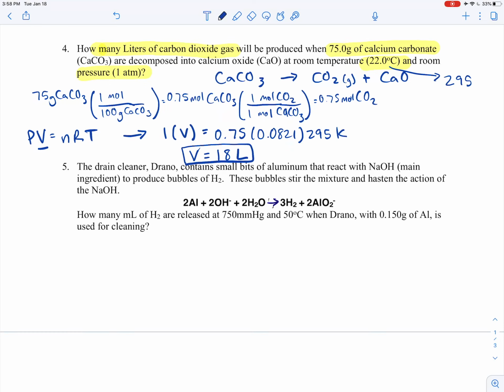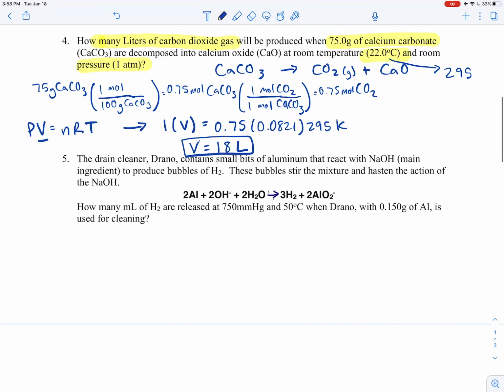Okay, so just to recap for this problem here, we are first using stoichiometry to get moles of gas. That's what we got here. Once we get moles of gas, right, that's n, we plug it into our ideal gas law equation to solve for the unknown. Remember, anytime you use the ideal gas law equation, you want to convert to the correct units.